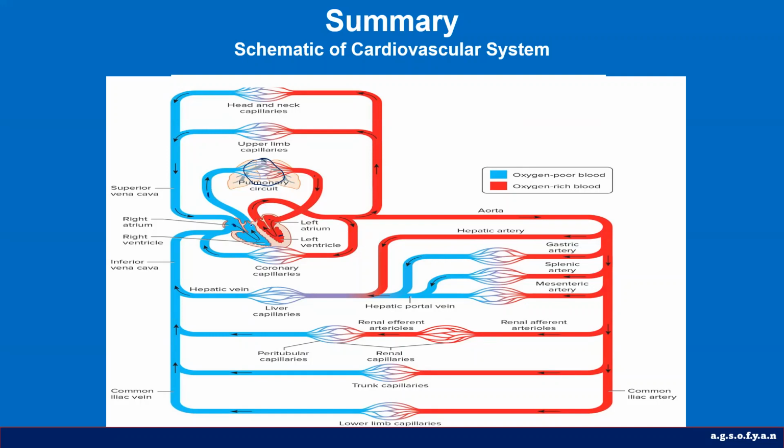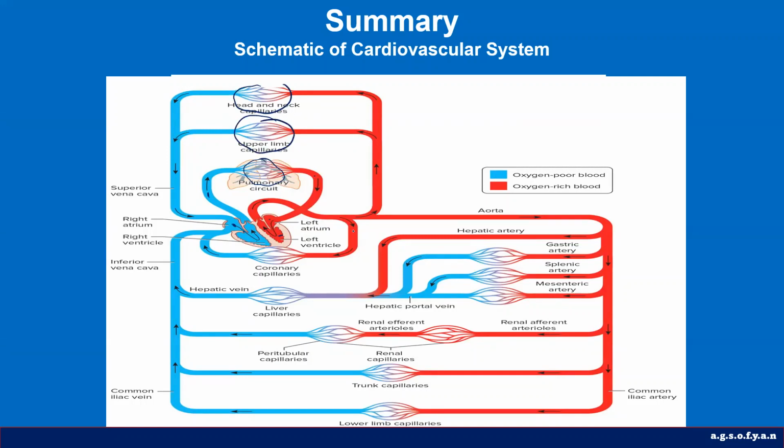The ascending aorta will give blood to the heart muscle, and then the arch of the aorta will be branching into three: brachiocephalic, left common carotid artery, and left subclavian artery. It will give blood to the top part of the aorta, going to the head and also the upper limbs.